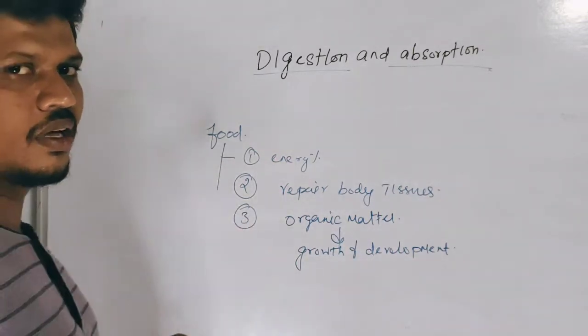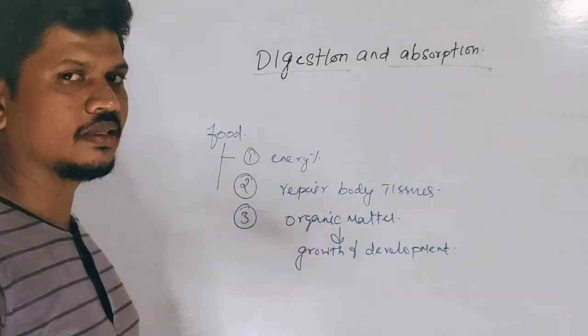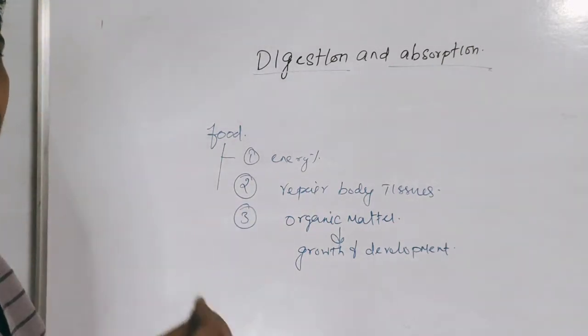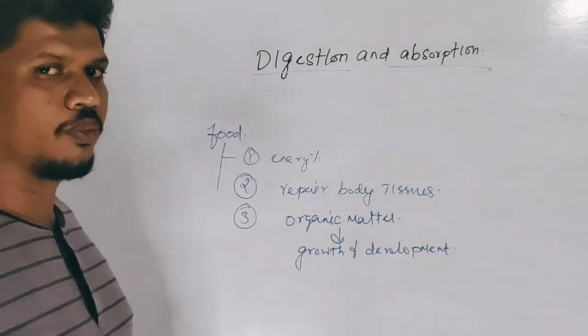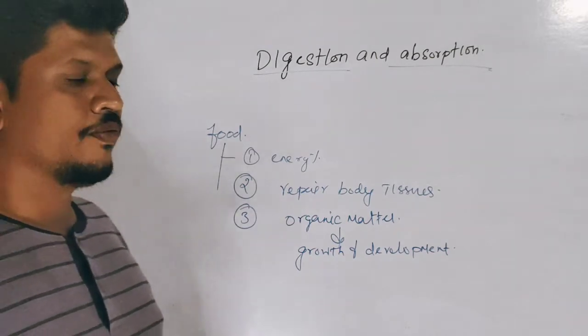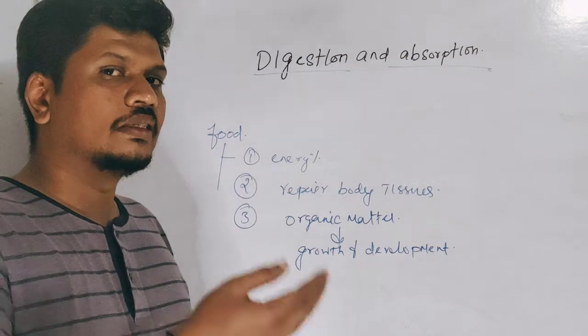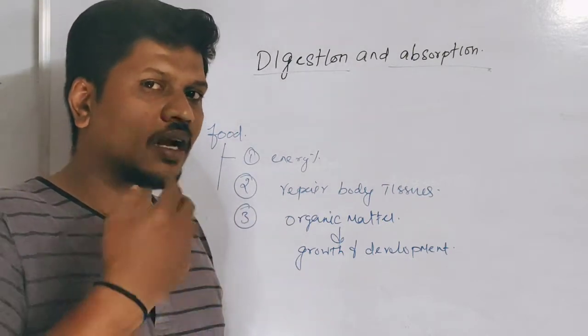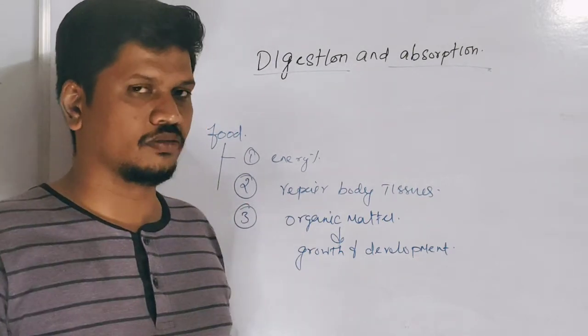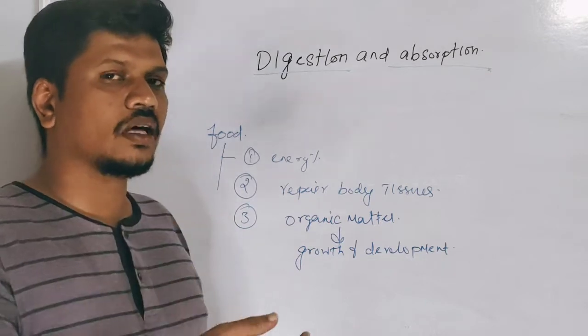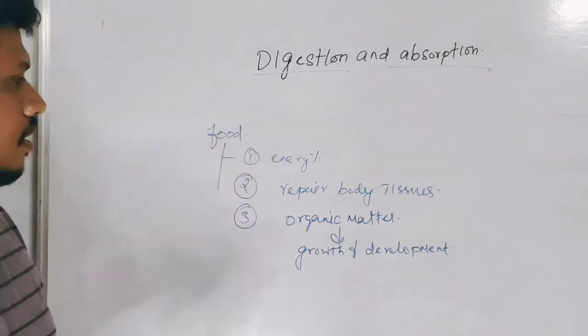Similarly, water we are drinking. What is the purpose of water? It is mainly involved in our metabolic process. For example, we drink more water because certain metabolic activities happen inside our body, and those activities happen with the help of water.